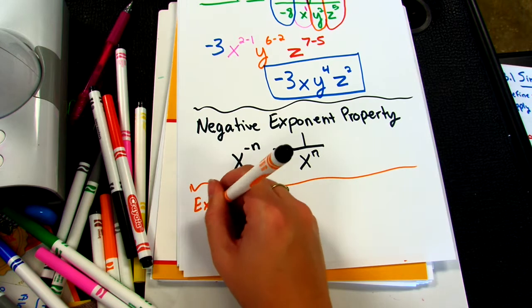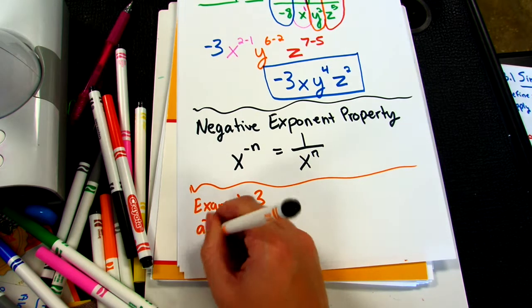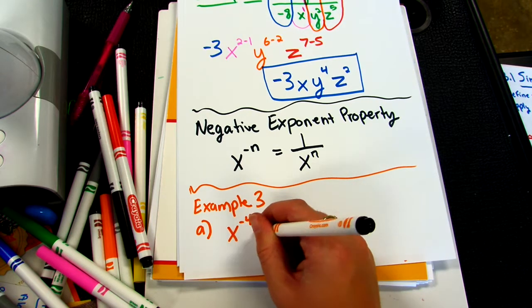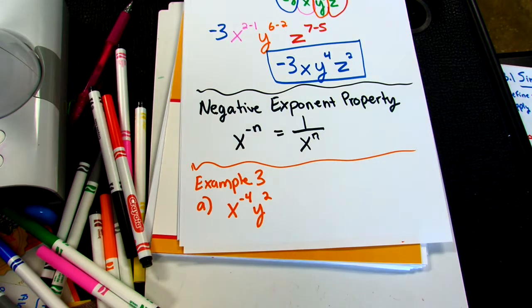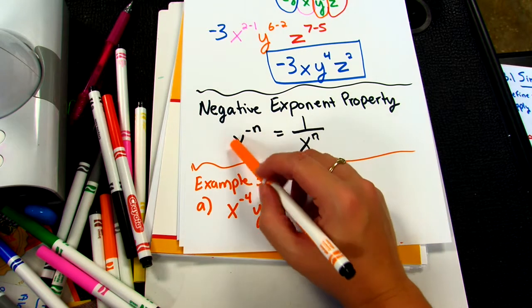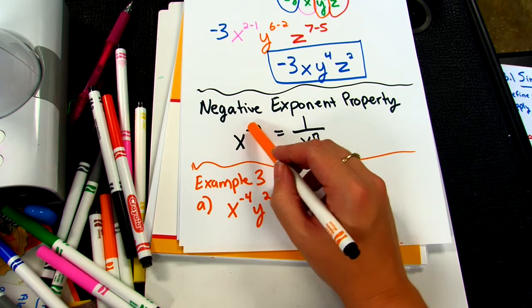This is example 3. If you have x to the negative 4th and y to the 2nd, we need to remember that the only thing that moves is what is connected to the exponent, whatever the base is connected to the exponent.